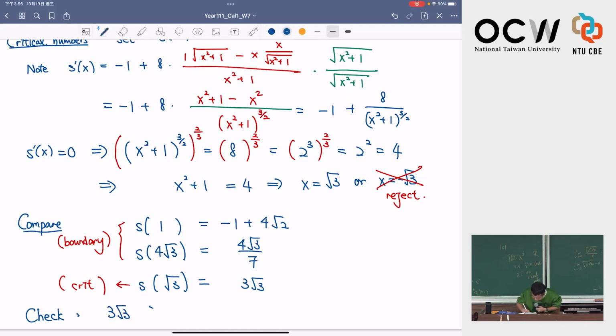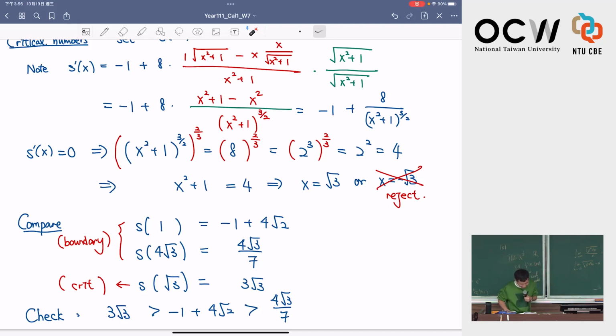3 root 3 is largest. -1 plus 4 root 2 is in the middle. And then 4 root 3 over 7 is the smallest. Please check it tonight by yourself. Without a calculator, find a way to do it. If you get stuck, of course, come to my office hour.